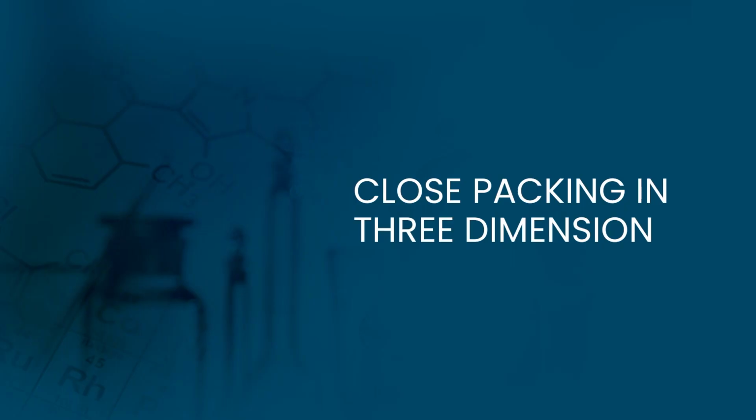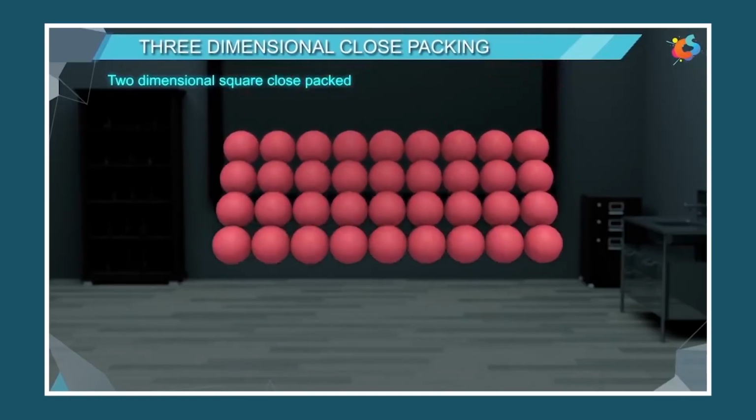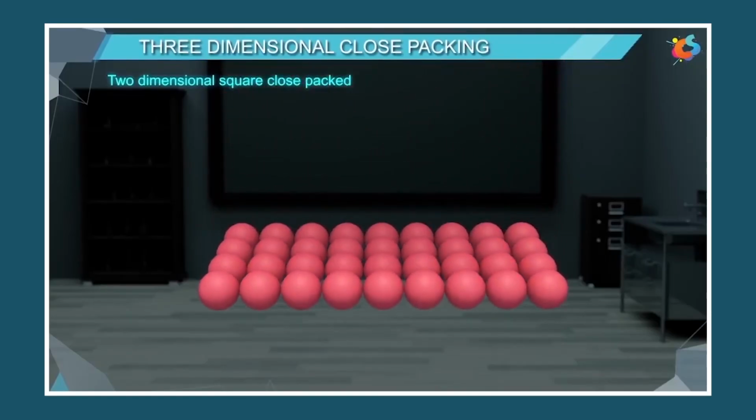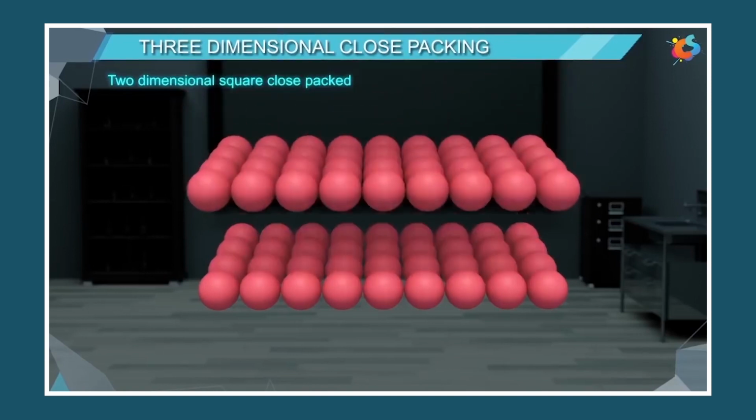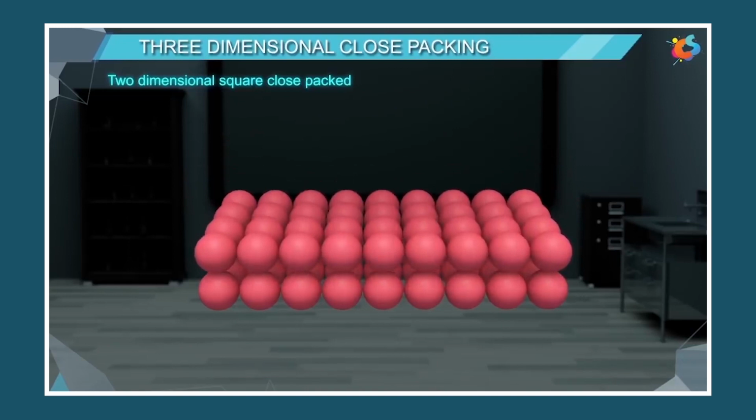Coming to the close packing in 3 dimensions, first let us see the 3-dimensional close packing from 2-dimensional square close packed layers. This type of packing is obtained by placing a 2-dimensional square close packed layer above the first one, such that the spheres of the second layer are exactly above the spheres of the first layer.